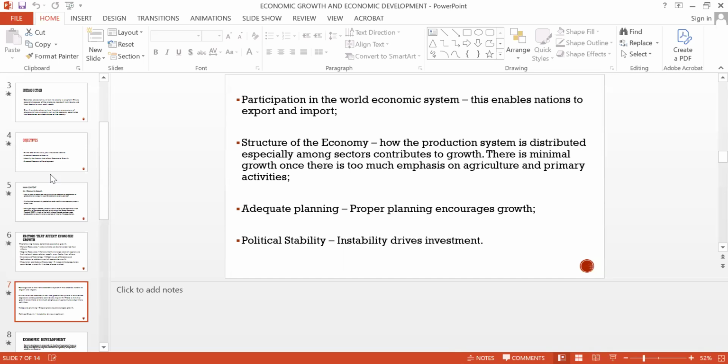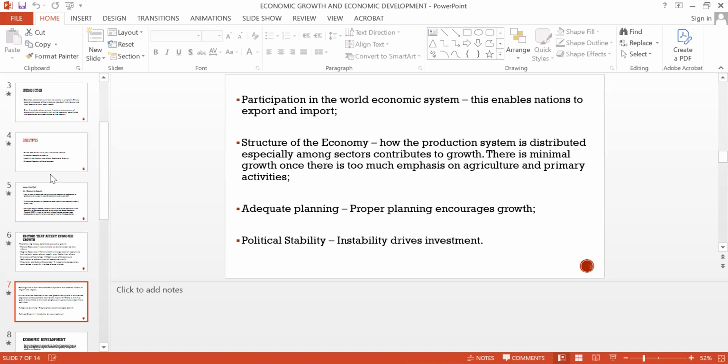Adequate planning also encourages growth. Then political stability. Instability drives investment away. How can you have economic growth in Africa, in Nigeria, where banditry is a recurring decimal, an everyday reality?